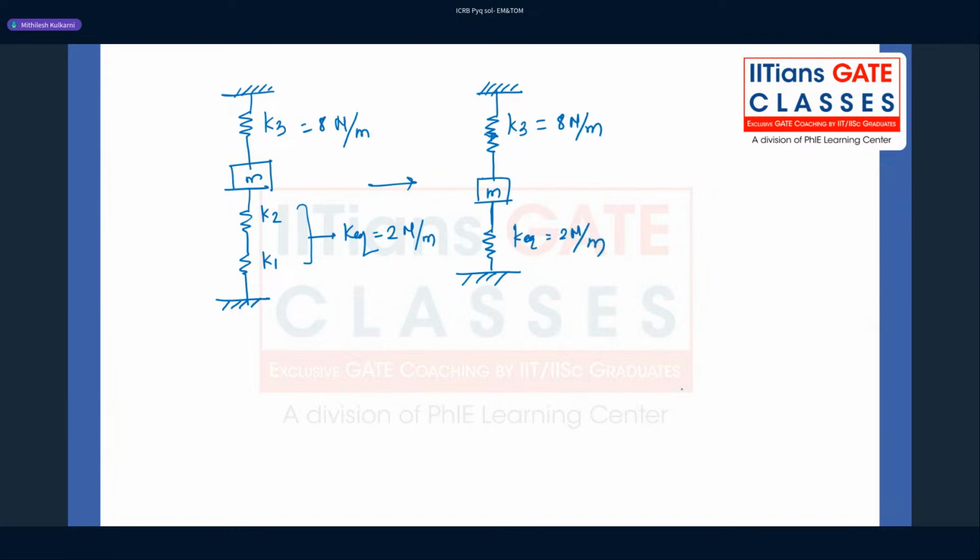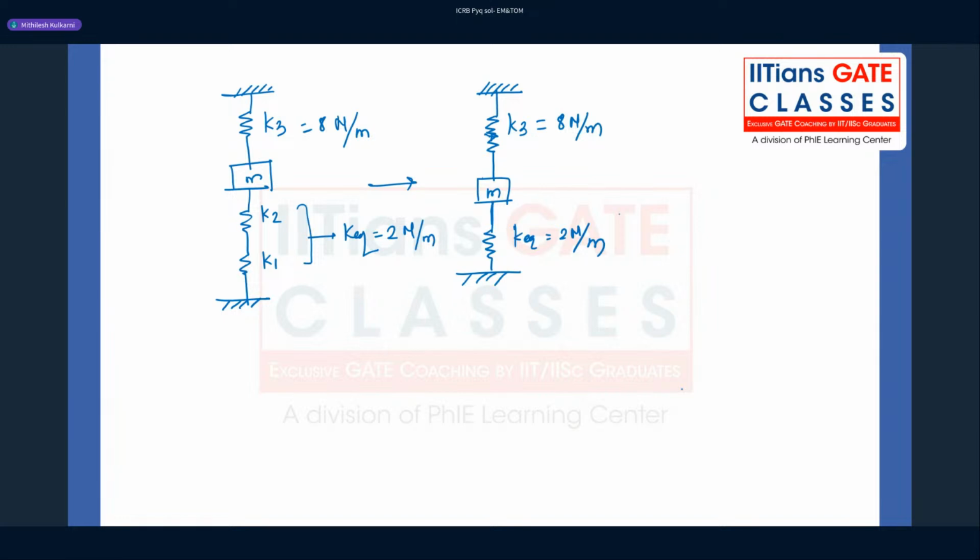So now this 8 Newton per meter stiffness spring and the 2 Newton per meter stiffness spring are in parallel with each other. Because whatever is the deflection, if this K equivalent is getting compressed by a certain amount, K3 is getting tension in the same amount.